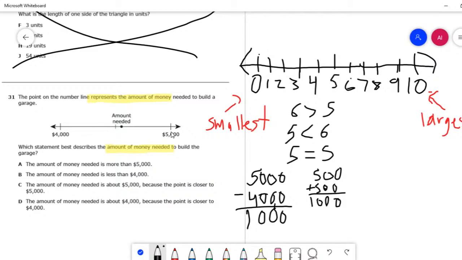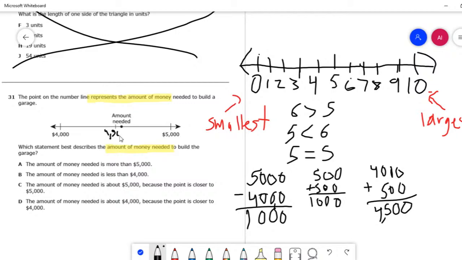And so we know that the halfway point of a 1,000 is 500. And if we add that to our starting number, 4,000, sorry about my messy handwriting, plus 500, we get 0, 0, 5, and 4. We put a comma there, so we can label this middle number right here as 4,500.